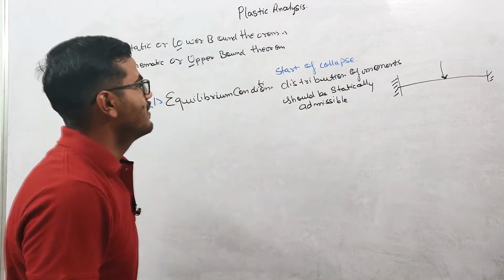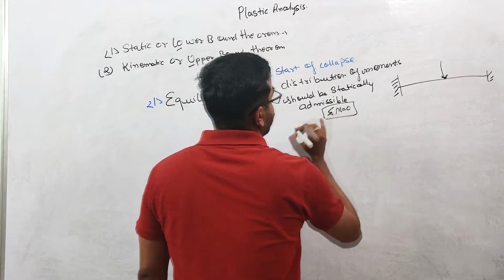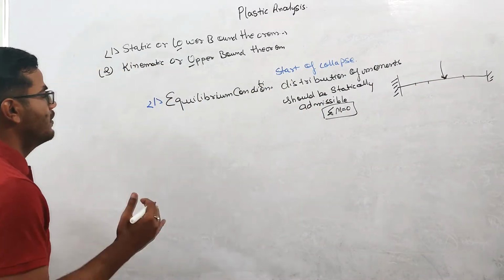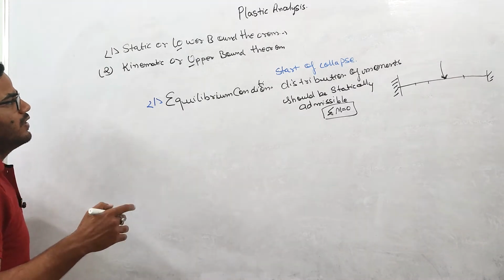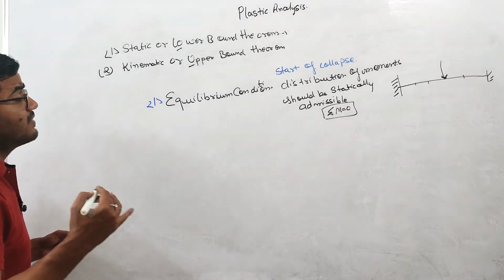Which means that your condition that summation M equals 0 should be satisfied at each and every point in this beam, right? So this is the important first condition which we need to satisfy at the very start of the collapse.